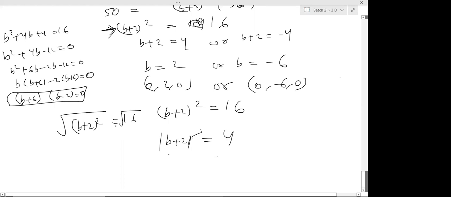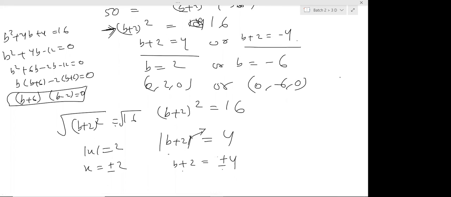Now opening this mod, we'll have b plus 2 can be plus minus 4. Whenever mod x is equal to 2, that means x can be plus minus 2. So b plus 2 can be either 4 or minus 4. Yes, sir. Clear? You can solve this quadratic equation also. That is absolutely correct. No issues there.